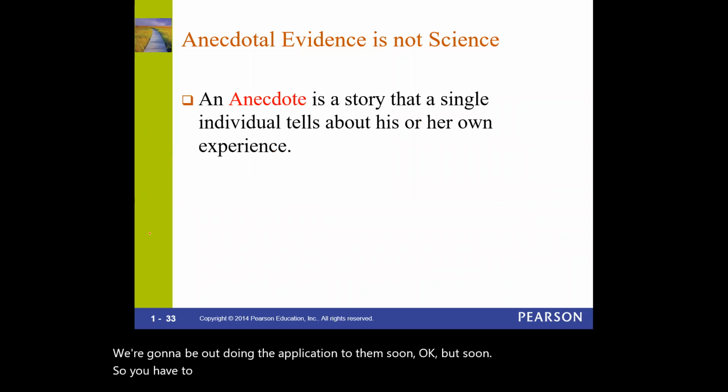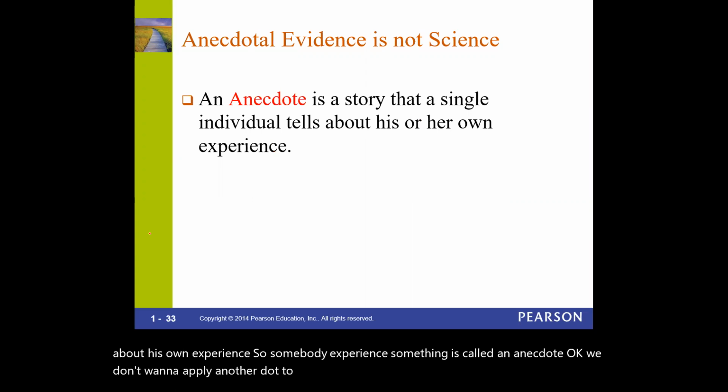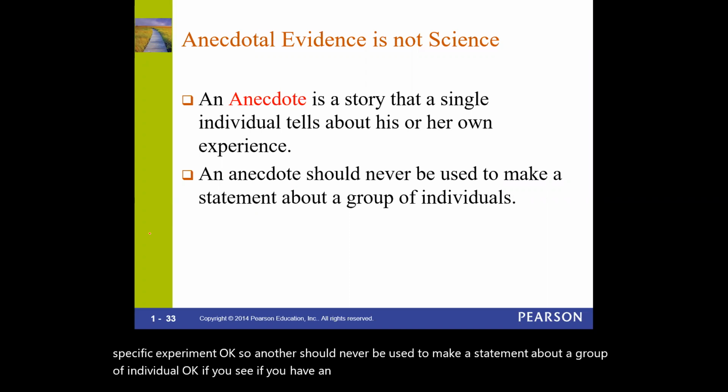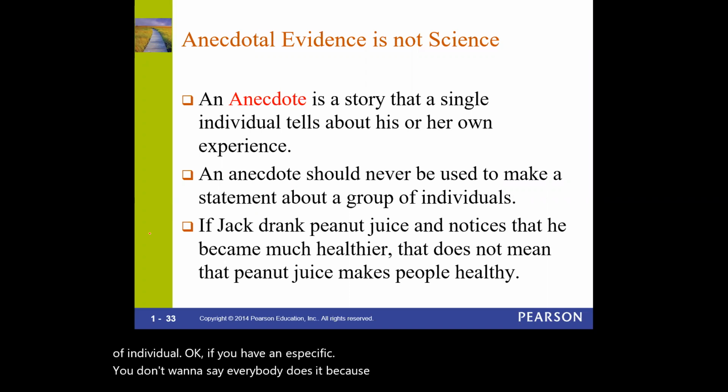So an anecdote is a story that a single individual tells about his own experience. Somebody experienced something, it's called an anecdote. We don't want to apply an anecdote to everybody because it's a single person who experienced a specific experiment. So an anecdote should never be used to make a statement about a group of individuals.